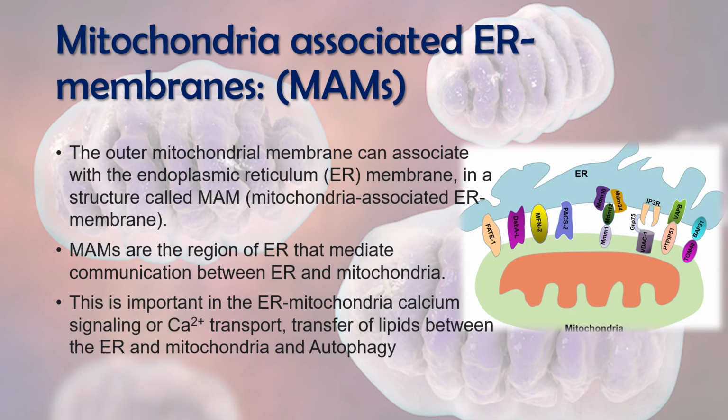Now, the most important topic is MAMs, or mitochondria-associated membranes. The outer membrane of mitochondria gets associated with the endoplasmic reticulum membrane, and these structures are known as MAMs. There are two organelles, the endoplasmic reticulum and the mitochondria.